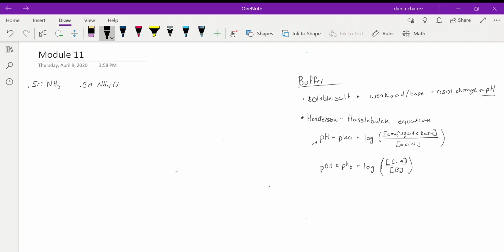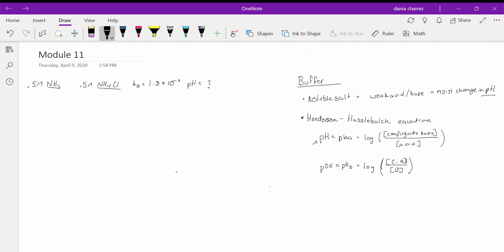The Kb for ammonia is 1.8 times 10 to the negative 5. What is our pH? So then ammonium chloride would be our salt, because we know that ammonia is a weak base, so this has to be a salt, right? Even if you didn't know what a salt is, that's a way to do it.